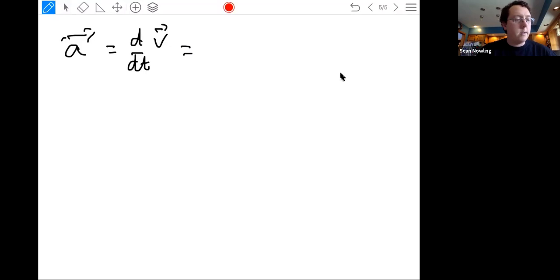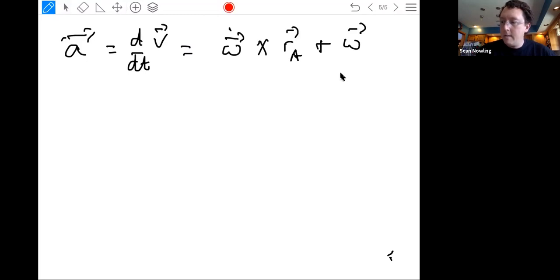Which, if you think about it, is simply going to be omega dot cross RA plus omega cross RA dot. So I'm just using the product rule inside the cross product. All right, well, that's nice.